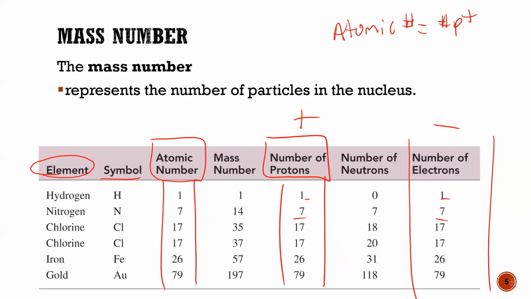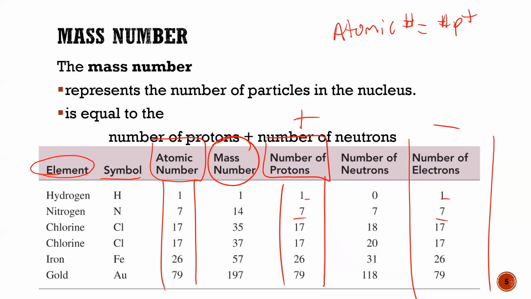There's another number you have to think about, and that other number is the mass number. Let me erase this because I got a little static here. The mass number is the number of protons plus the number of neutrons.